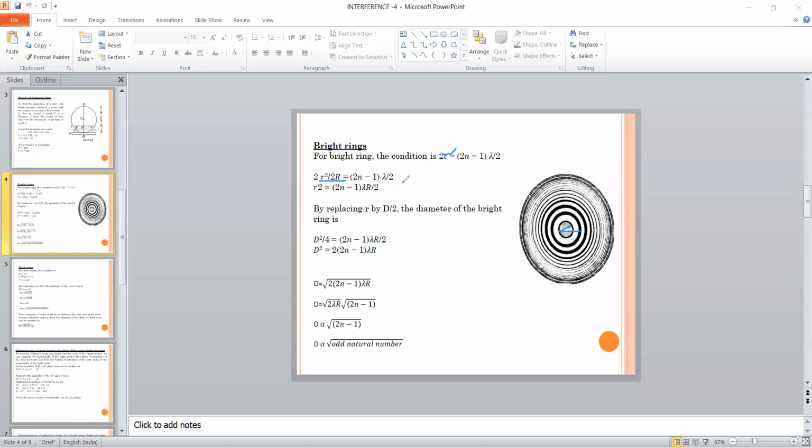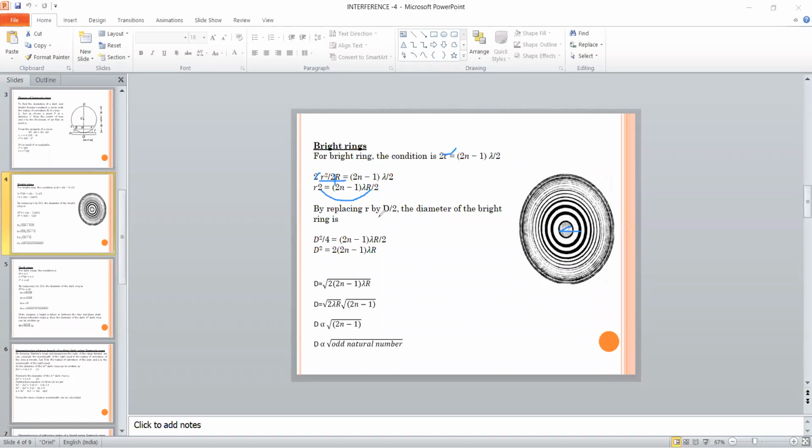Now substitute here. So simply the 2 and 2 are cancelled. Then there is only r square by R. Now cross multiplying by R, we get r square is equal to (2n minus 1) lambda R by 2.